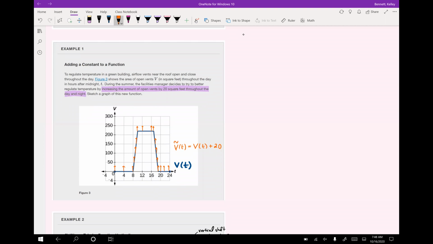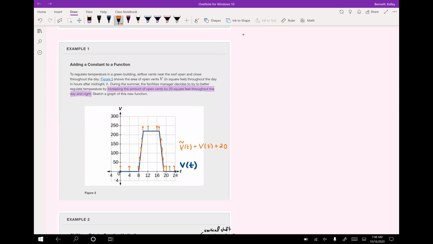So basically I'm just putting this graph on stilts. And I'm just going to connect my dots here. So this would be raising it up by 20.